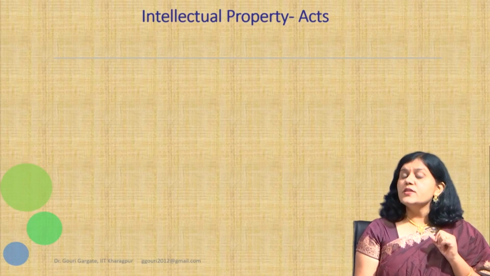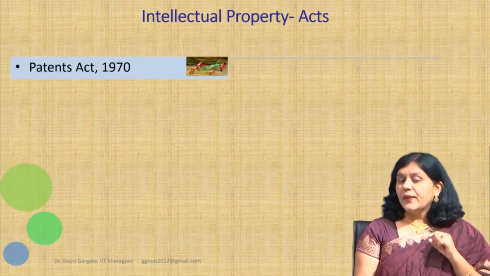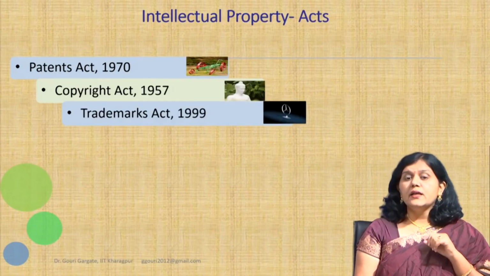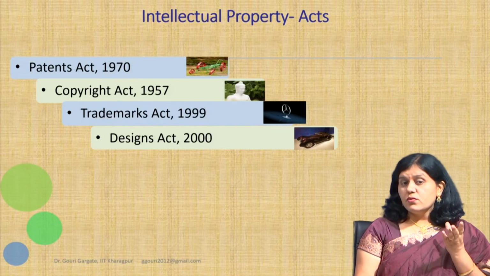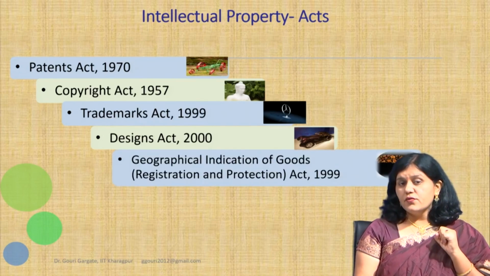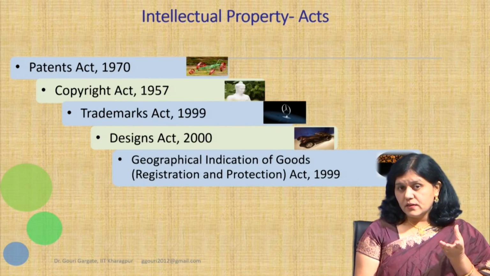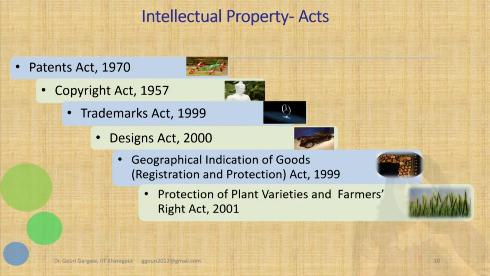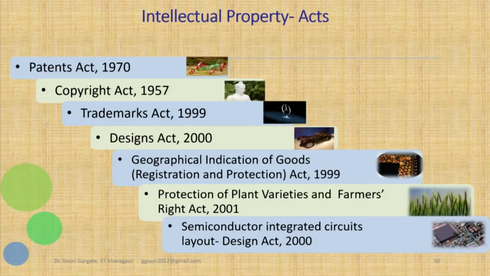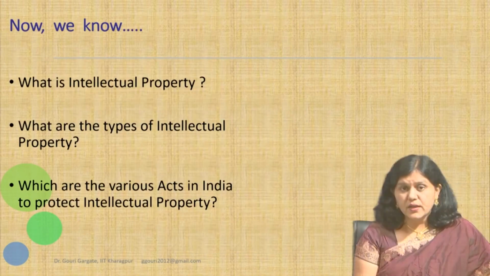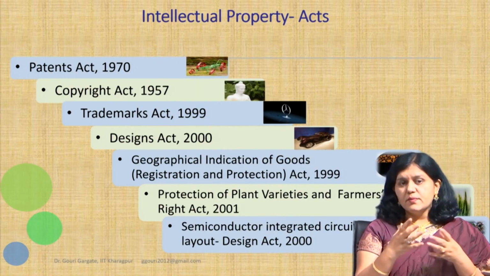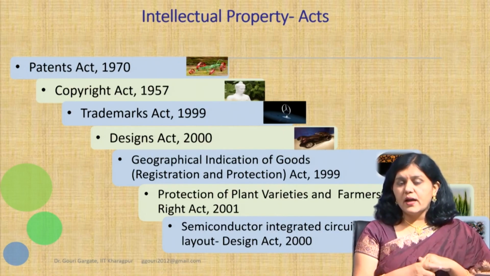So what are the different acts which are taking care of these particular types of IP? If you see here, there is a patent act, a copyright act, a trademark act, and a design act. Then there is the geographical indication of goods registration and protection act. Then there is the protection of plant varieties and farmers' right act, the semiconductor integrated circuit layout design act, and the biodiversity act.